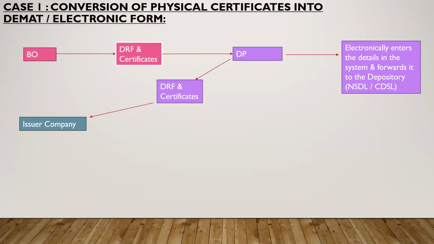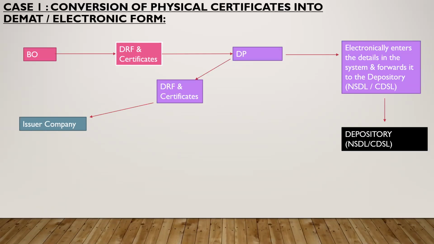So up till here the procedure is simple. Point number 1, Jimbo, that is the BO, will be submitting all the form and certificates to the DP. The DP will be entering it electronically into his system and forwarding the same to the depository, and at the same time he will send all the certificates to the issuer company.